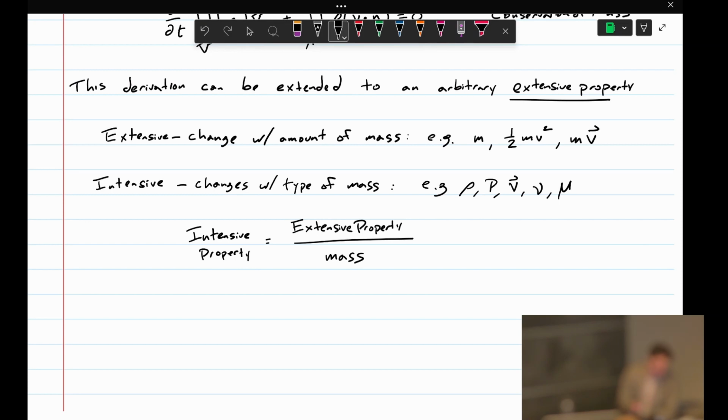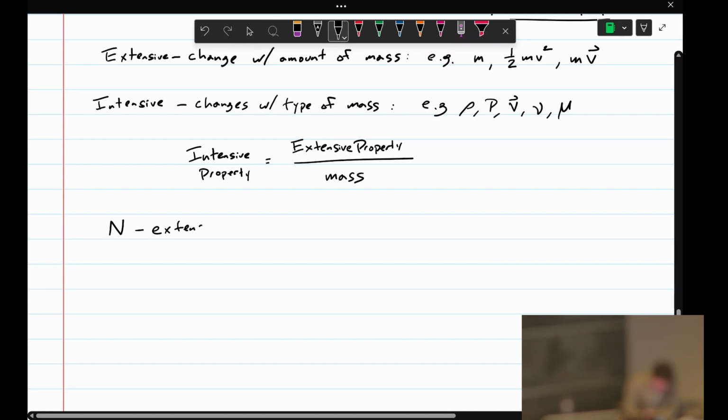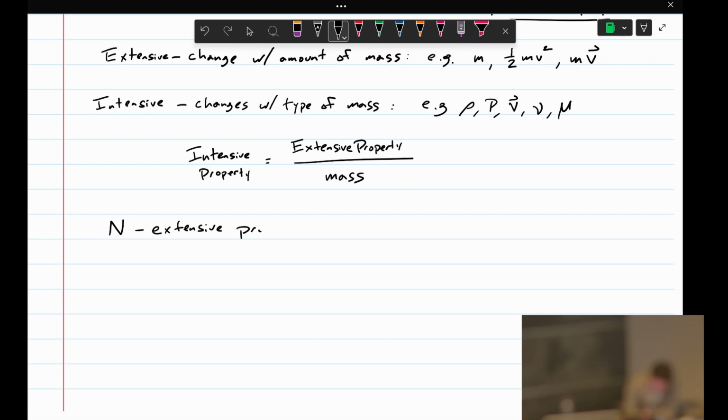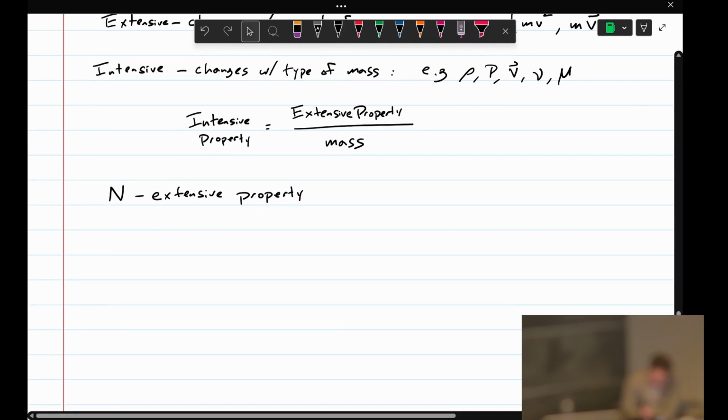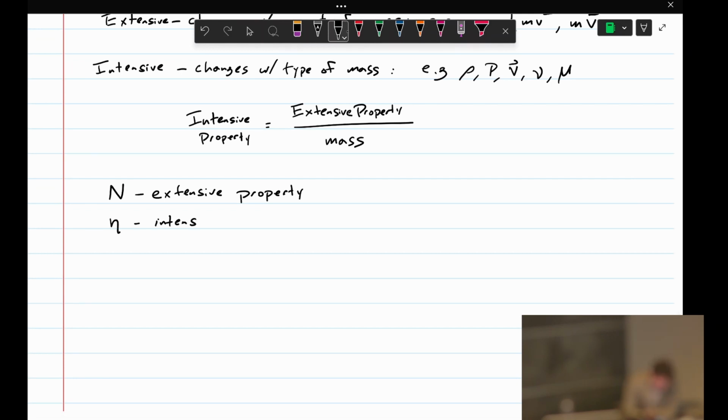In fact, a generic extensive property that doesn't really matter what it is. So we'll call that N, which is extensive. And we're going to have a corresponding variable called eta, which is an intensive property, where eta is N per unit mass.